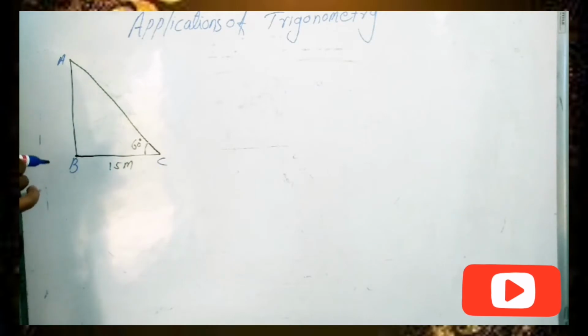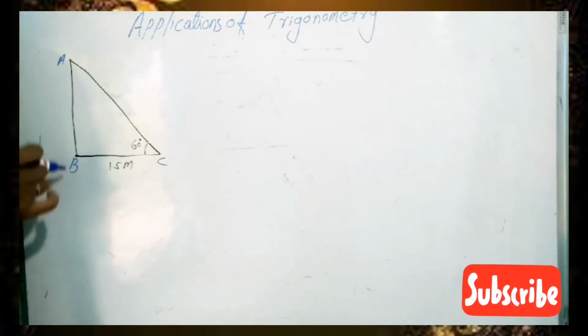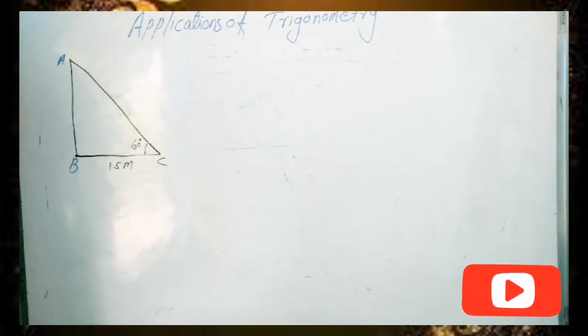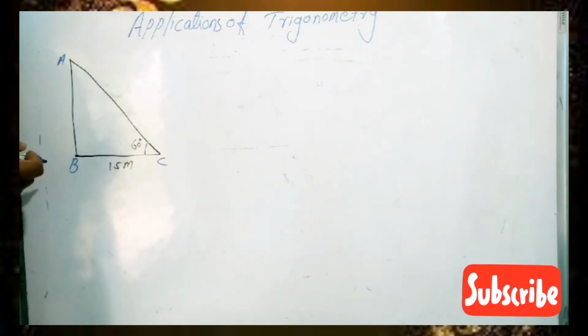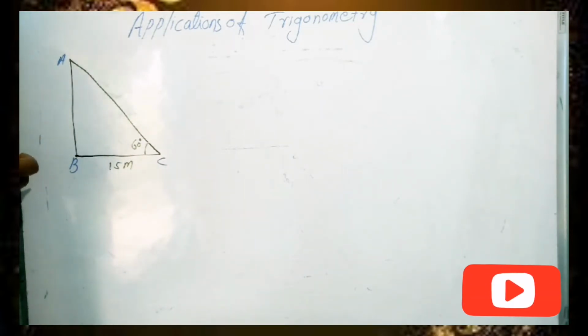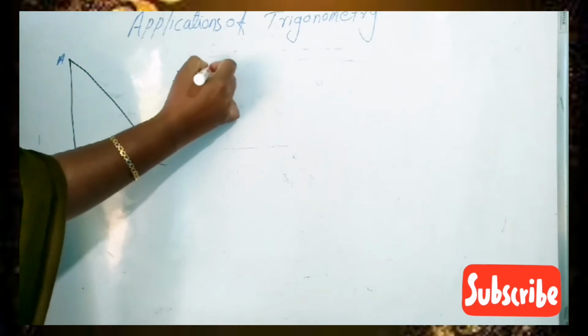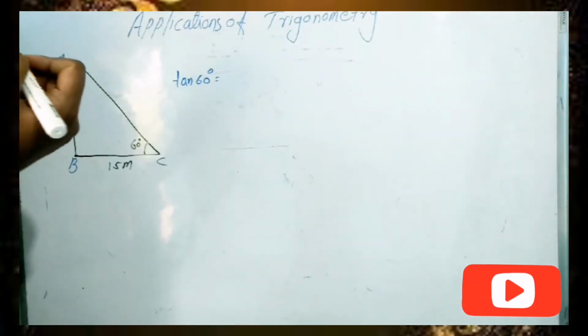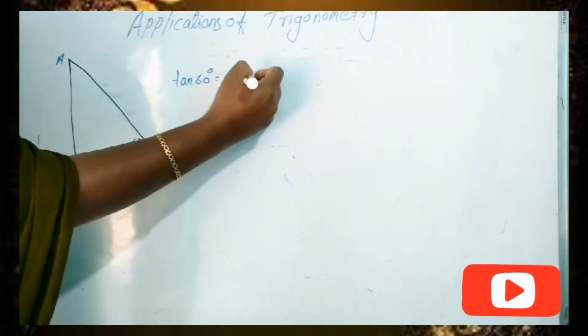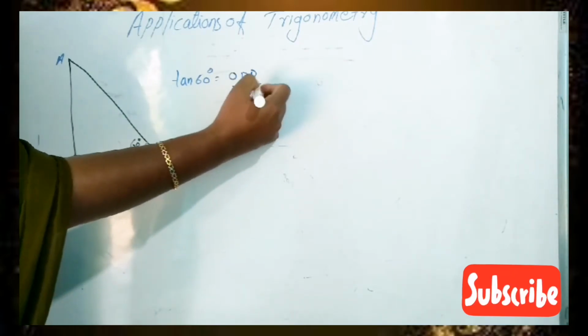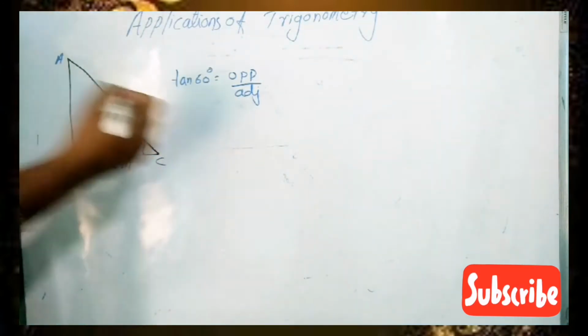So we need to take one trigonometric ratio in terms of AB and BC. Either you can consider cot 60 degrees or tan 60 degrees. Tan is opposite side divided by adjacent side.